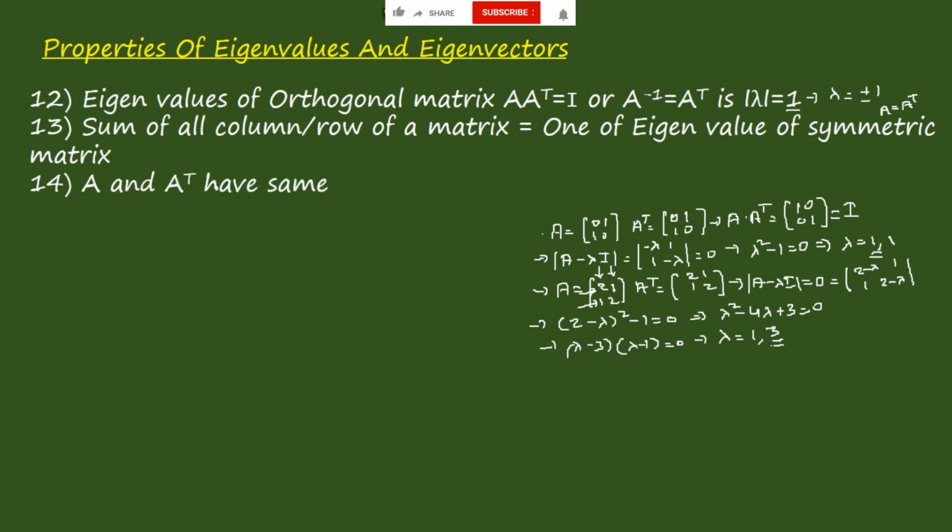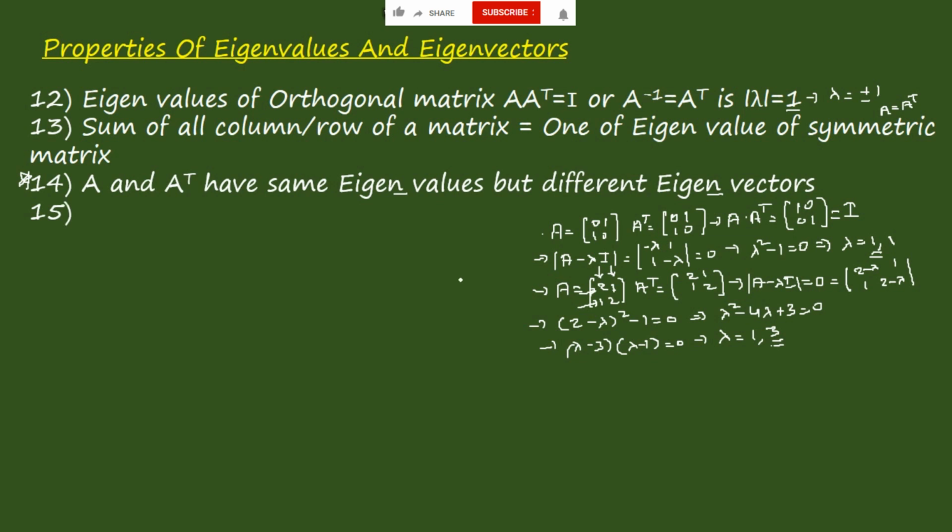A and A transpose have the same eigenvalues but different eigenvectors. It's very important. Okay, come to the next one.